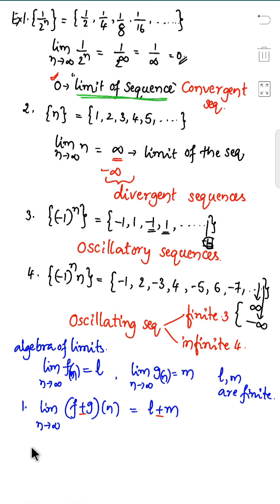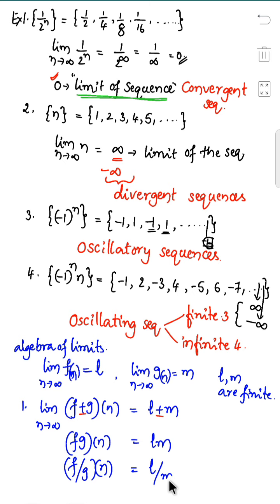In the same way, (fg)(n) goes to L into m. And f divided by g of n approaches L divided by m, where m is not equal to 0.